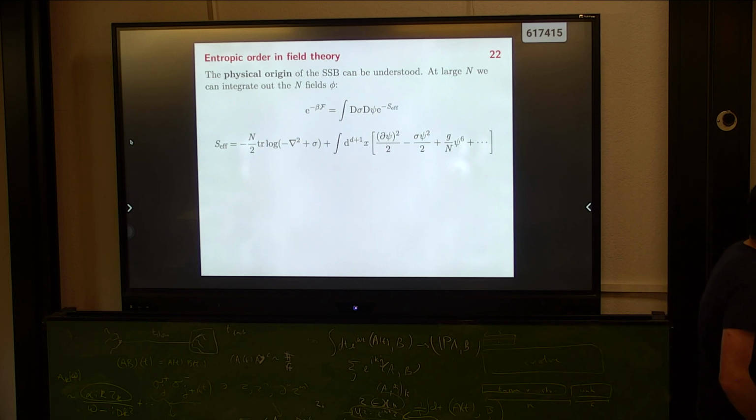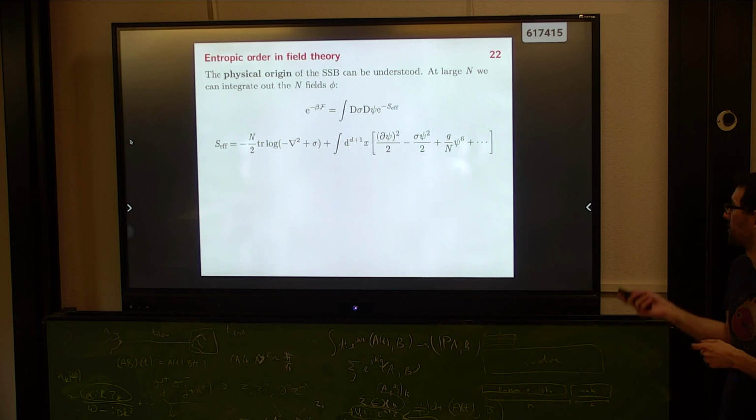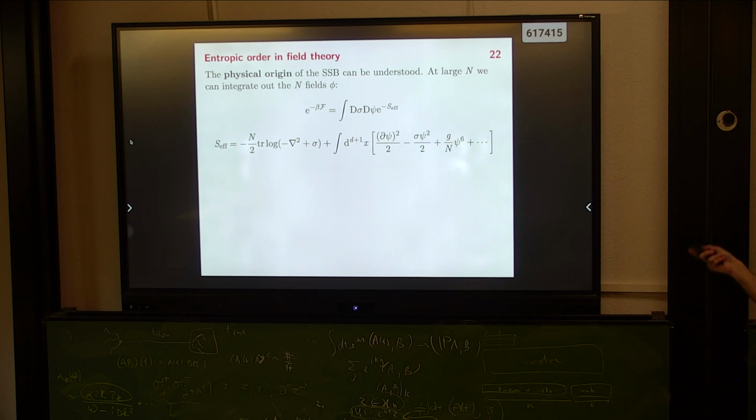Okay. Just to say a little bit more about this, this calculation is tractable because we have this large n in the O(N) model, so you can really integrate out these fields phi essentially exactly in the large n limit. And you can also take into account one loop fluctuations just to resolve the vacuum properly.